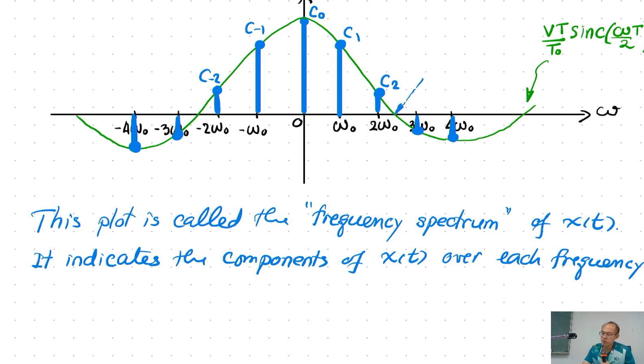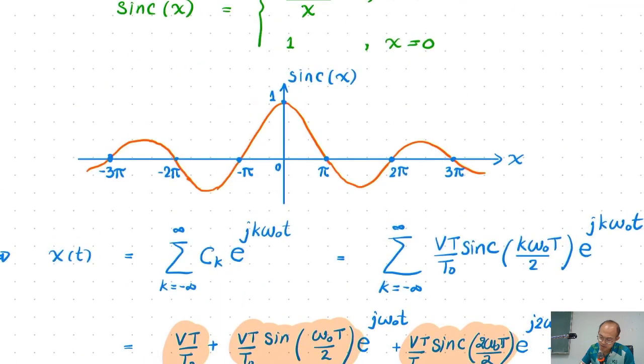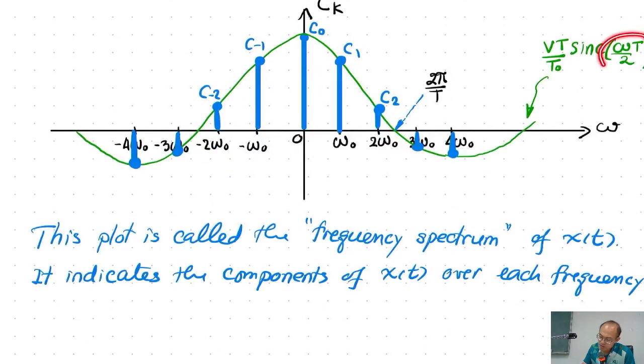This happens when omega is equal to 2 pi over T. This is when omega is 2 pi over T here. Inconsistent with this one, X has to be pi, right? So this guy should be pi. And when this guy is pi, then omega equals 2 pi over T. Okay, you got that, right?